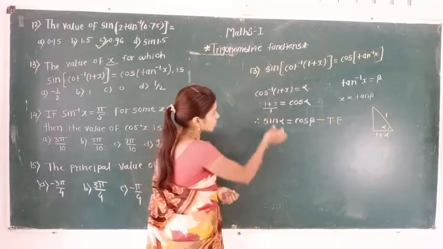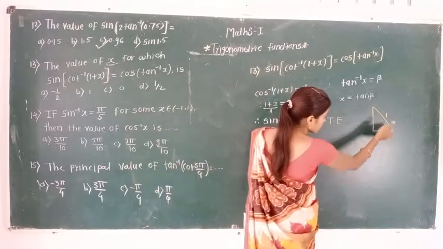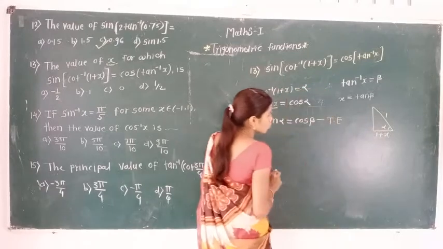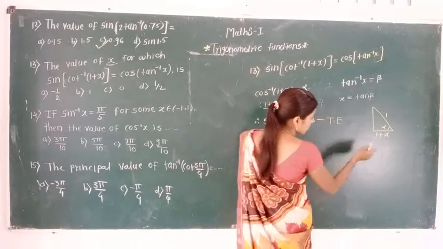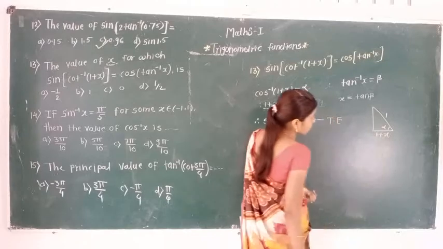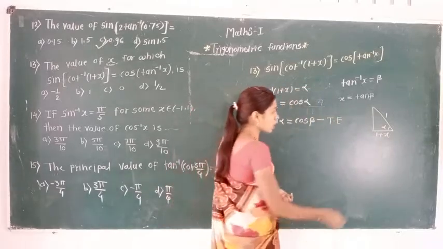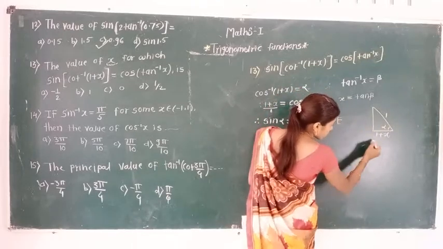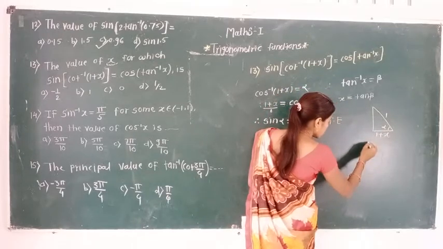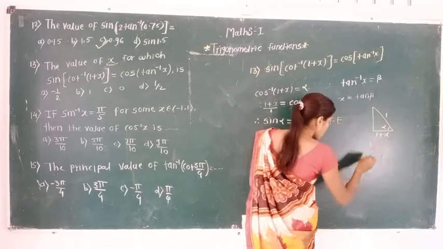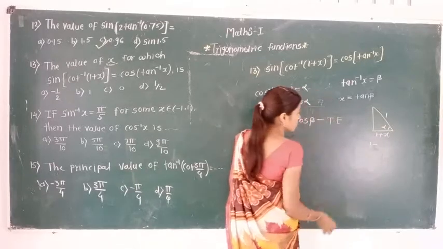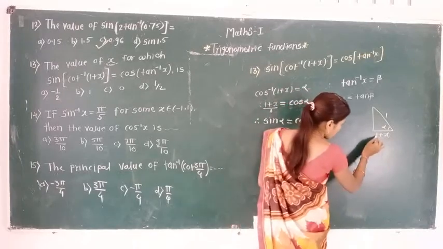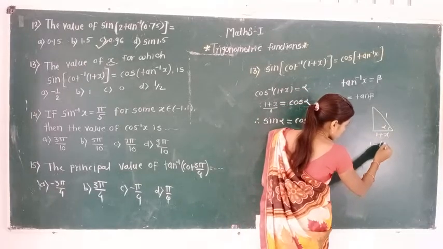So using this information, first we find the hypotenuse of this triangle by using the Pythagoras theorem.